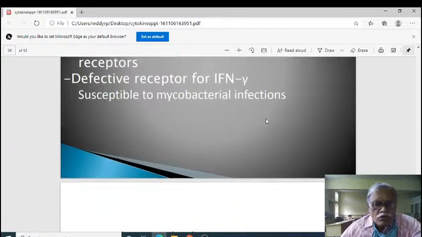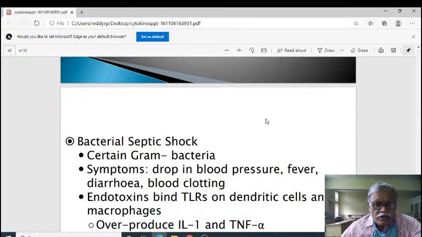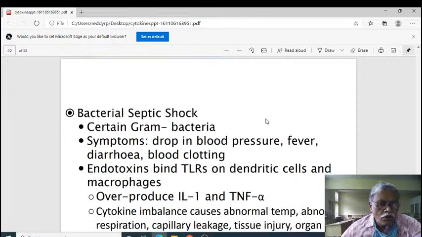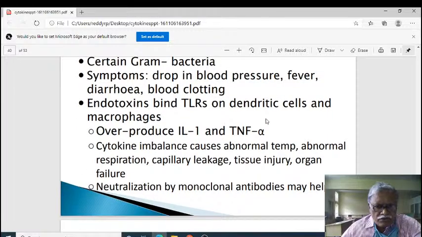They are prone to develop infections with bacteria and septic shock, such as certain gram-negative bacteremia, with symptoms like drop in blood pressure, fever, and diarrhea.